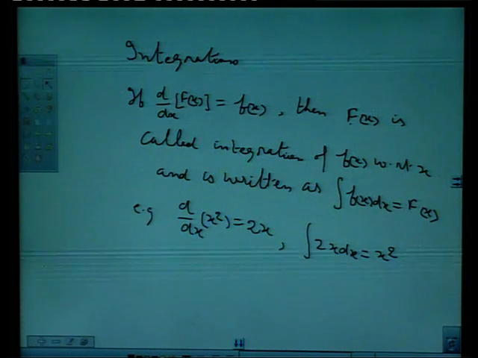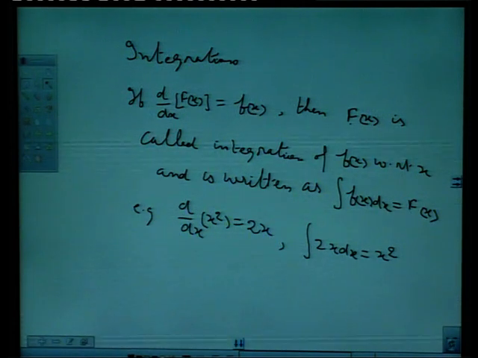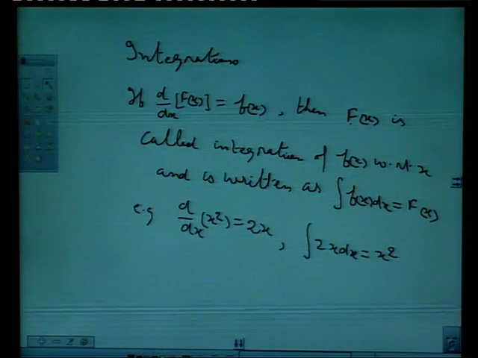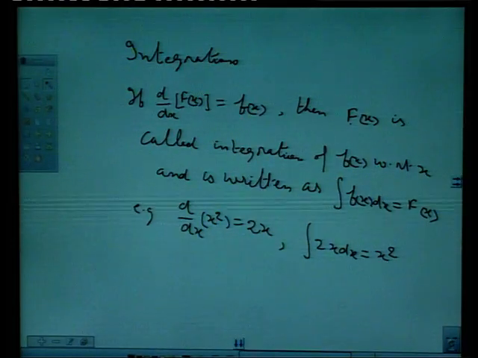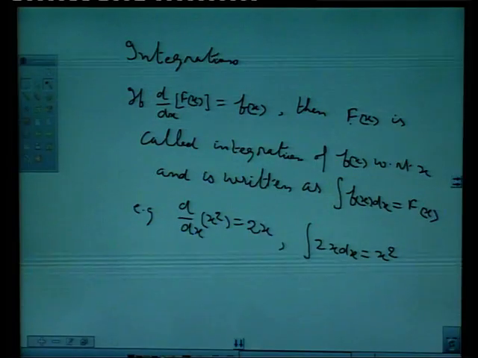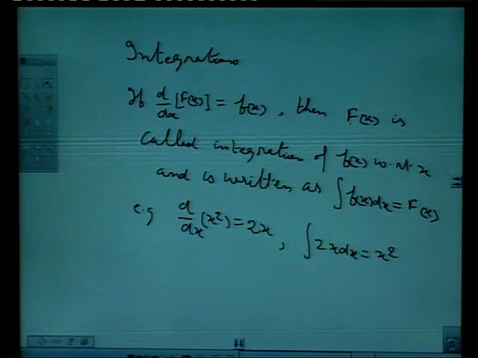So the integration of 2x dx is equal to x square. From the definition it is very clear that integration is the inverse of differentiation.